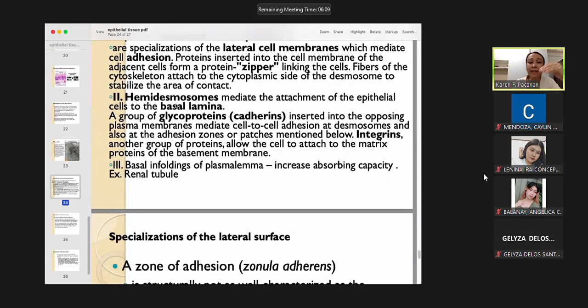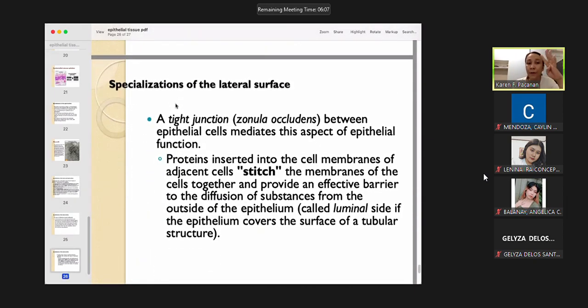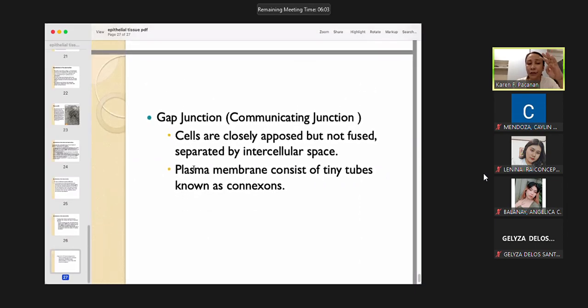Finally, the one that is nearest the base, number 4, found at the lateral surface would be the gap junction, otherwise known as the communicating junction. So we have on top, zonula occludens, next, zonula adherens, third, desmosomes, fourth, gap junction, near the base. Okay? So, we can expect, kaya siya tinawag na gap junction, widest yung gap sa point kung saan makikita yung gap junction. Same thing would apply.